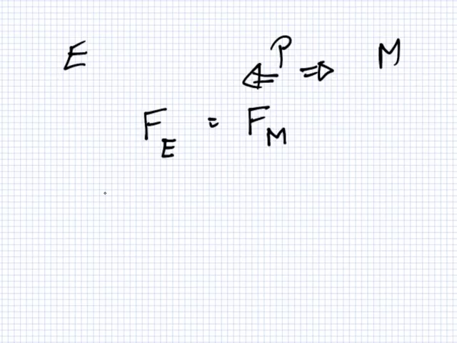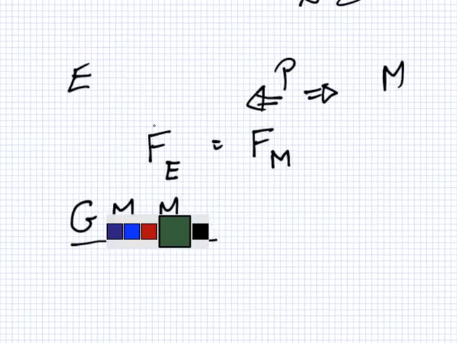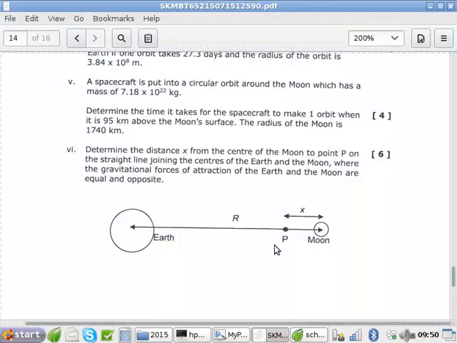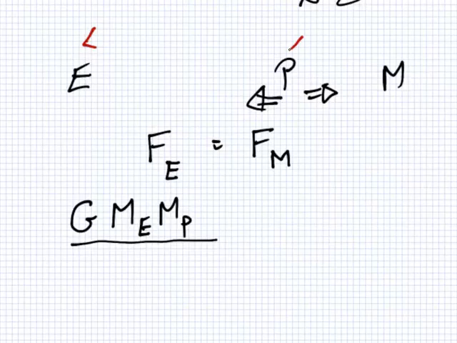So on the left we get G mass of Earth, mass of P, all over... Now, P has no mass, just trust me. So in the picture they say call this distance x.